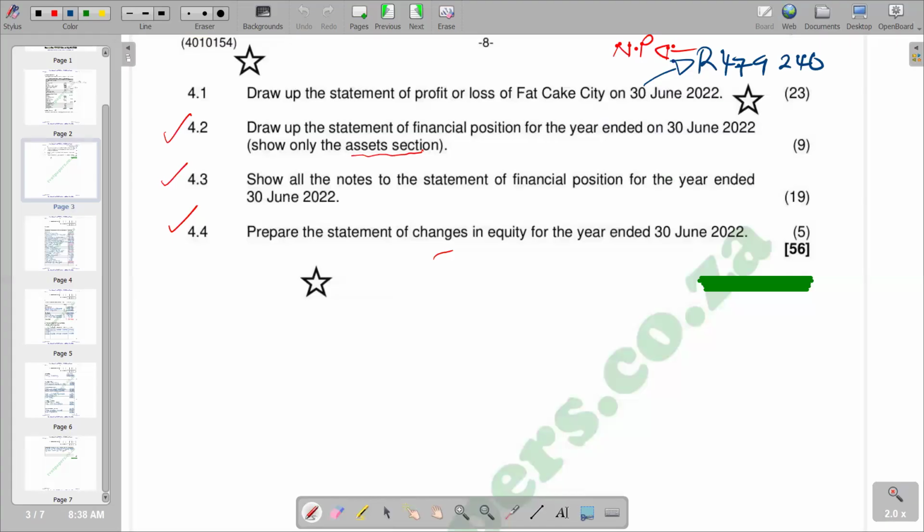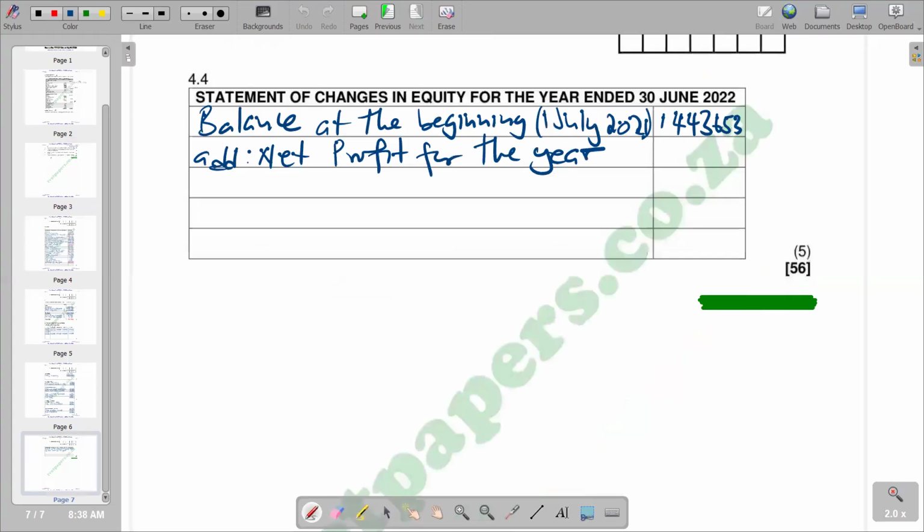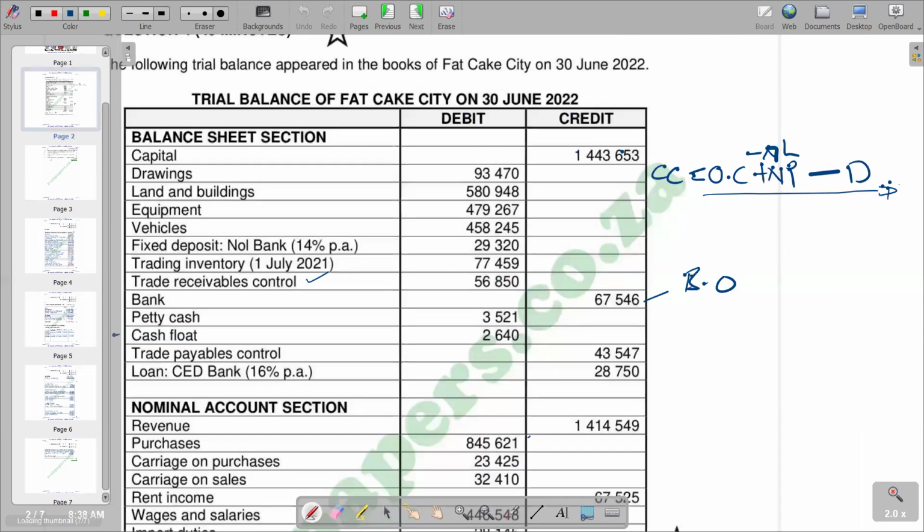So here we are saying 479,240. We add it, and then the total after adding net profit becomes 1,922,893. And then obviously we deduct our drawings, which are 93,470.